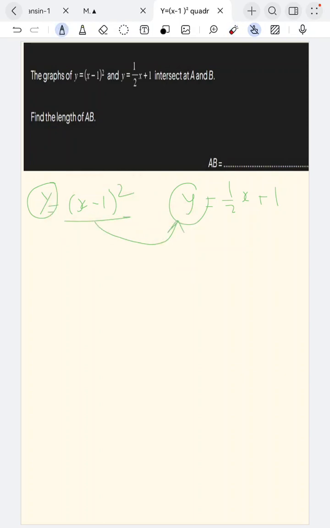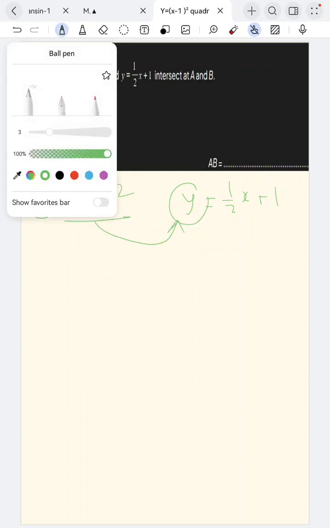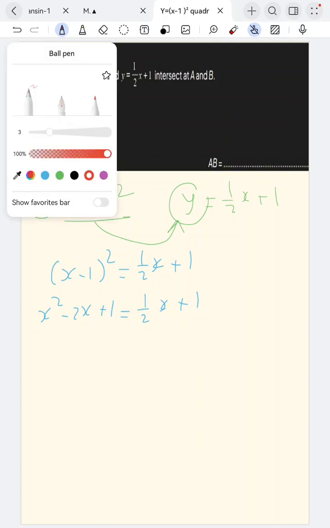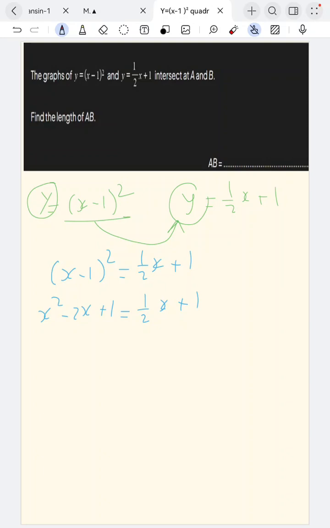So it will be (x minus 1) all squared equals half x plus 1, and then we can expand this. So x squared minus 2x plus 1 equals half x plus 1, and then we get all of them on one side. We subtract half x from both sides.